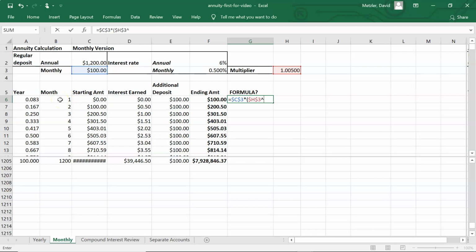That's the number of compoundings, that's the number of monthly deposits, and that's going to be B6. Could put a dollar on the B, but I'm not going to worry about it. Definitely can't put a dollar on the 6. Oh, and then, of course, the -1 before the parentheses. Okay, divided by, and then the multiplier -1. So that's, again, $H$3 -1.